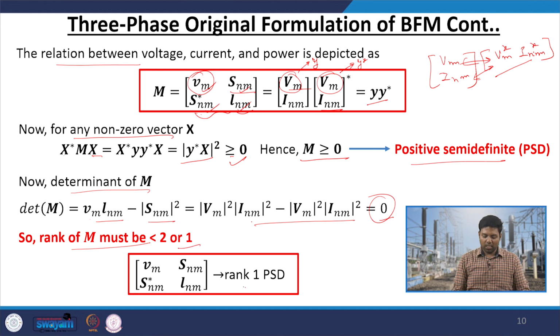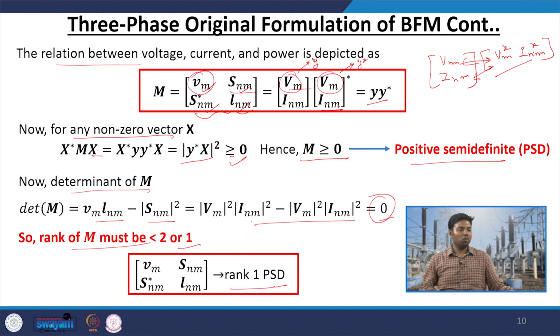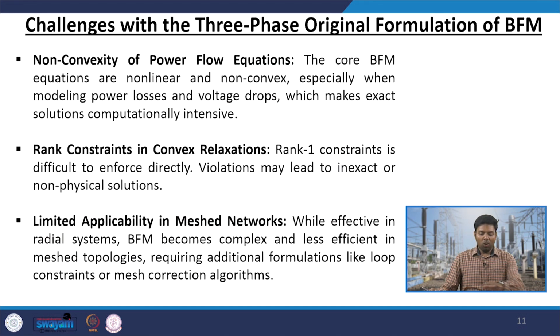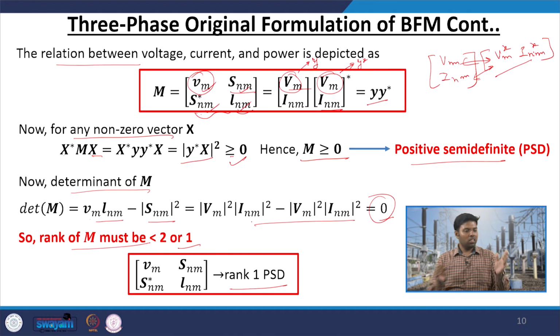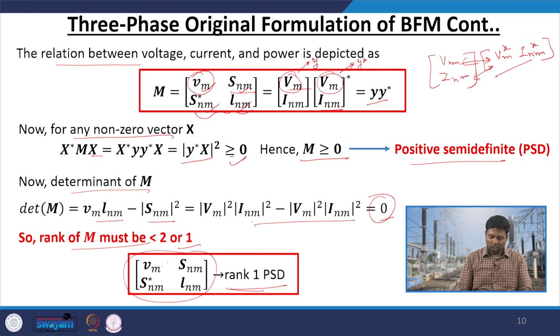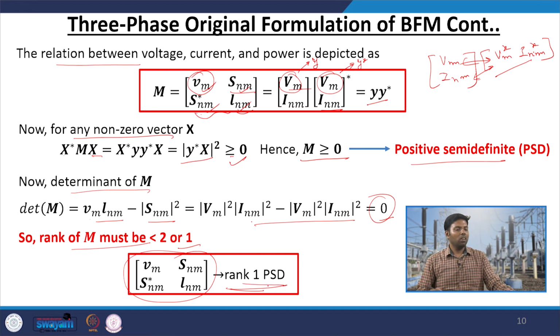So, the M matrix is actually coming out to be a rank 1 positive semi-definite matrix. So, your actual branch flow model will have a power balance equation, a voltage equation, and then again a matrix which is a rank 1 positive semi-definite matrix.